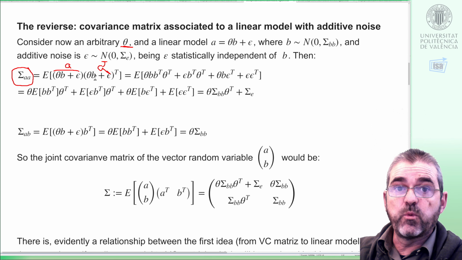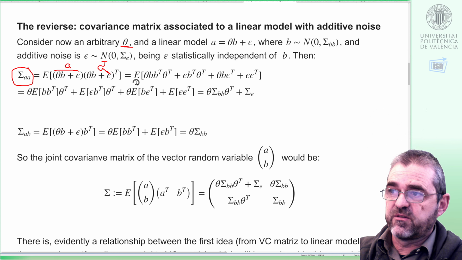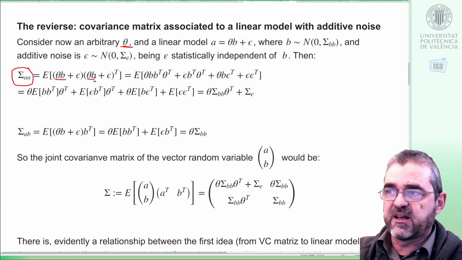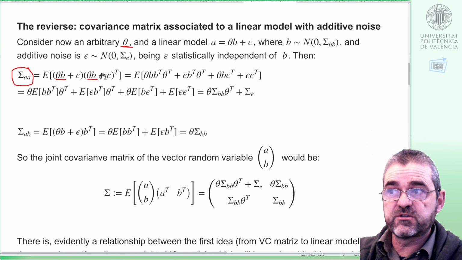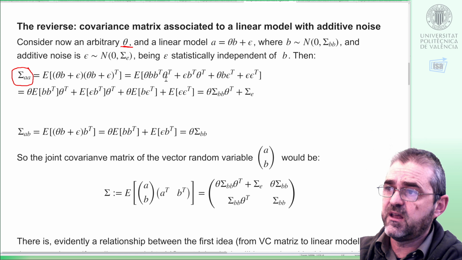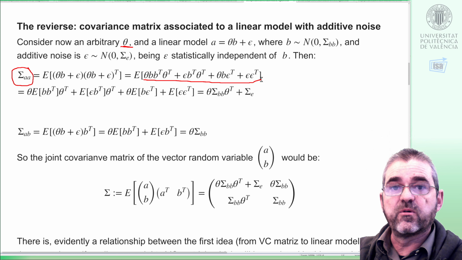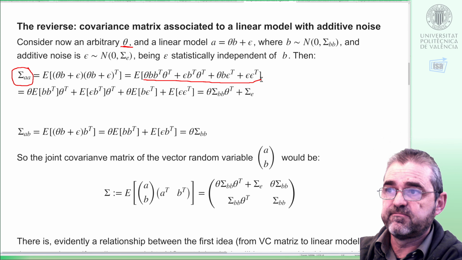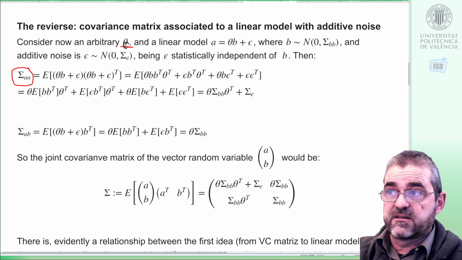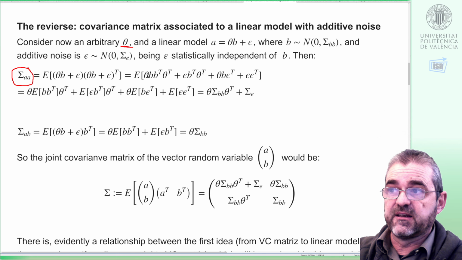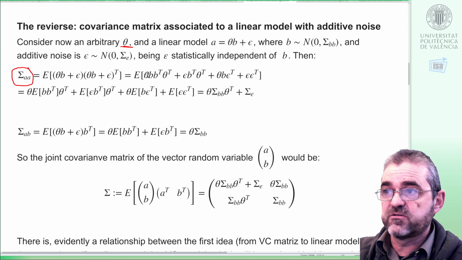And if I carry out operations, then this product gives me 4 terms over here. Say theta B times the transpose of this thing, so B transpose theta transposed is this, and you can stop and verify operations, so we get these 4 terms in the summation. And now, as theta is a known constant, it can get out of the expectation.